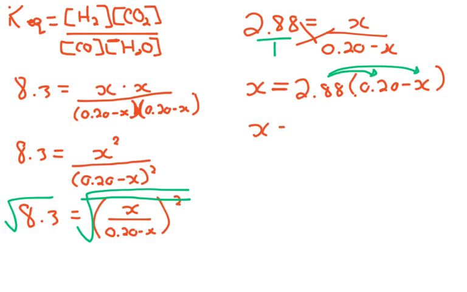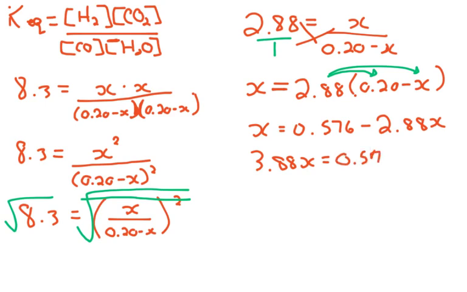So we have x equals 0.576 minus 2.88x. Take the 2.88x to the left, add it to the x that's there, we get 3.88x equals 0.576.